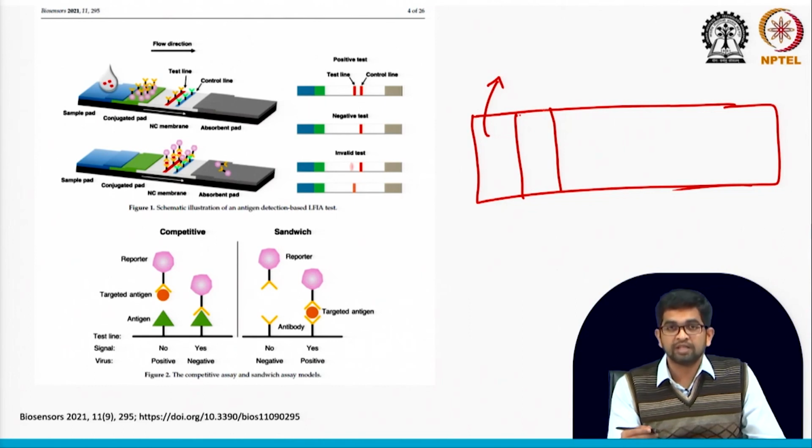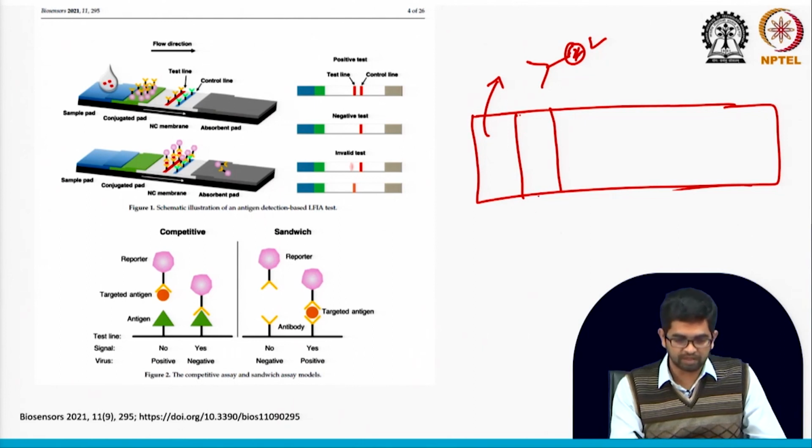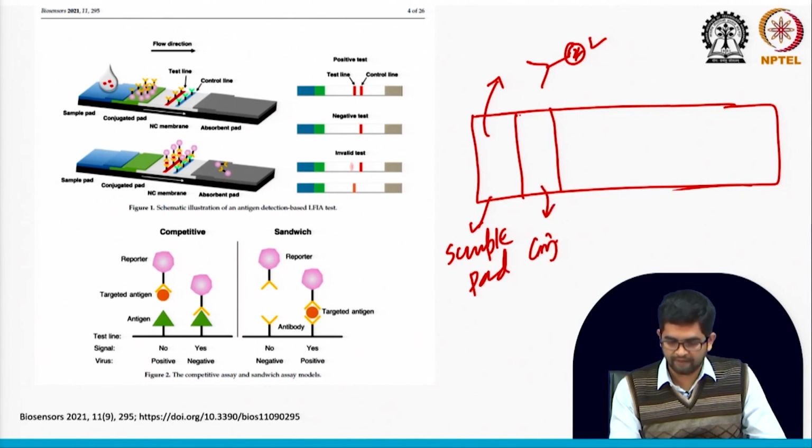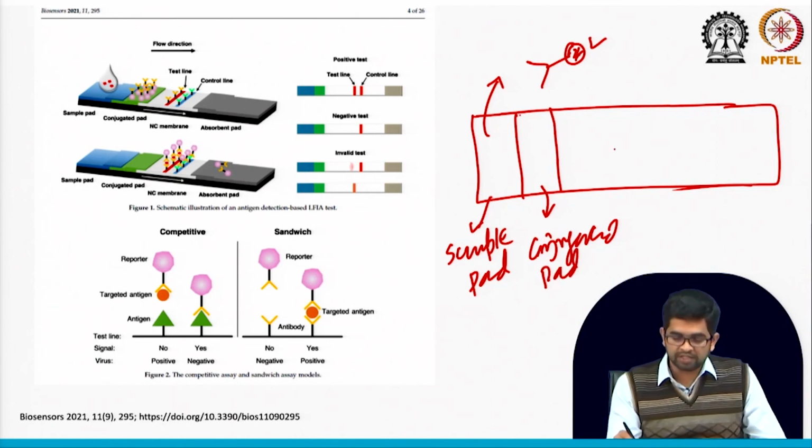If we need any chemical amplification, we can use some reagent, or otherwise a secondary antibody with a label. That is the reagent area, or you can say the conjugated area. So this is the sample pad where we drop the sample, and this one is the conjugated pad or reagent pad, whatever. And another region is where we actually get the output.